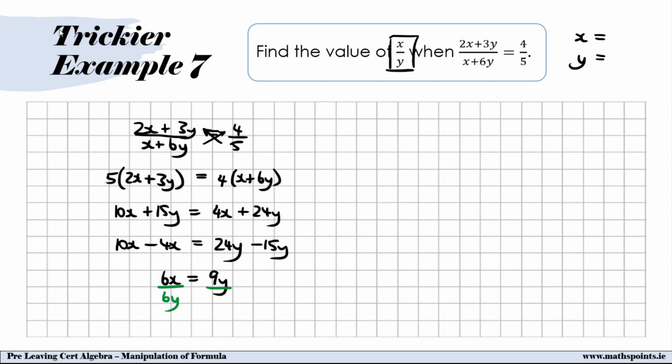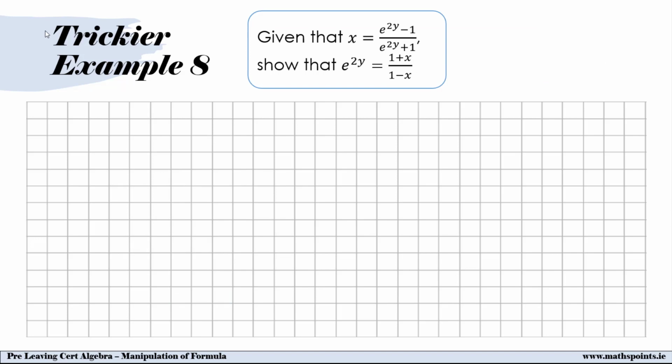Dividing by 6 will get rid of the 6, and then dividing by y will leave me with an x over y on the left-hand side. If I divide the left-hand side by 6y, I have to divide the right side by 6y. So 6x over 6y would be x over y, and then 9y over 6y would be 9 over 6, and we could simplify that to give x over y is equal to 3 over 2.